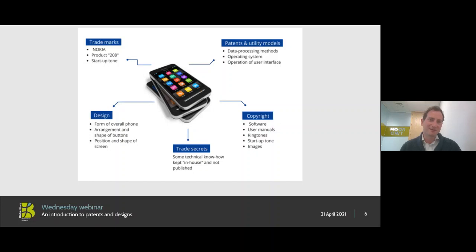We've obviously got some trademarks on the brand. Sorry, we know what the phone is. It's a Nokia 208. I just thought it was a knockoff iPhone that someone had made up. Sorry, Nokia.